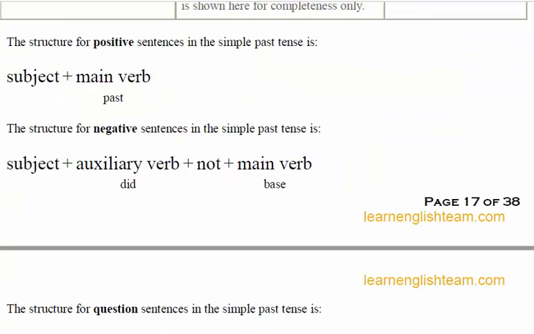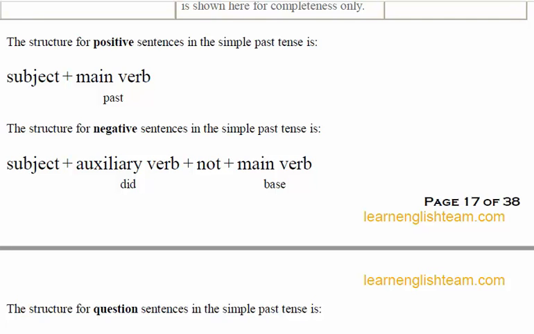We already discussed that there are three main types of sentence. Number one is the positive sentence, number two is the negative sentence, and number three is the question based sentence. So what is the formula, what is the structure for the positive sentence? It is the subject. What is the subject? Subject is your doer, along with the main verb.